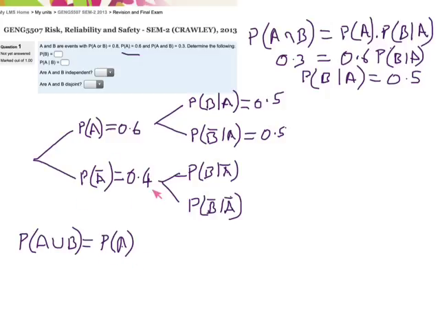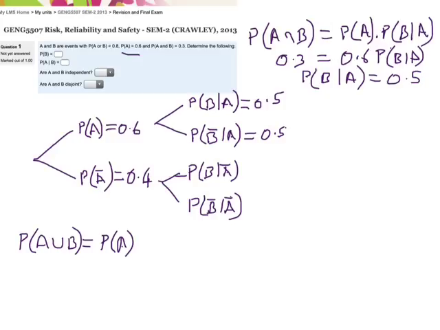Now, not all of this side obviously is A or B, because if it's not A and not B, it has neither A nor B. But the probability of B given not A is part of it. So the probability of A or B has got to be equal to the probability of A plus the probability of B given not A. Well, no, sorry.